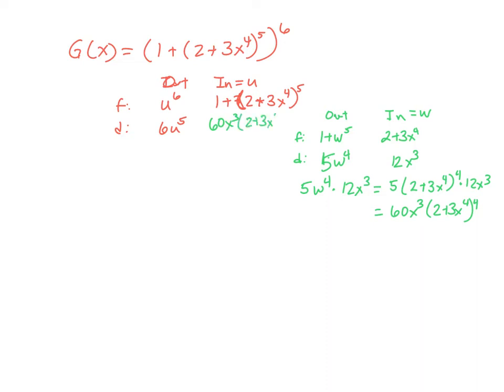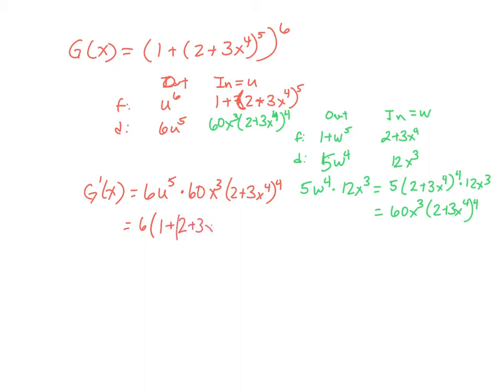Now I can answer the real question about g prime of x and say it's 6u to the fifth times 60x cubed, 2 plus 3x to the fourth, or 6 times, let's see, u was 1 plus 2 plus 3x to the fourth to the fifth times 60x cubed times 2 plus 3x to the fourth.